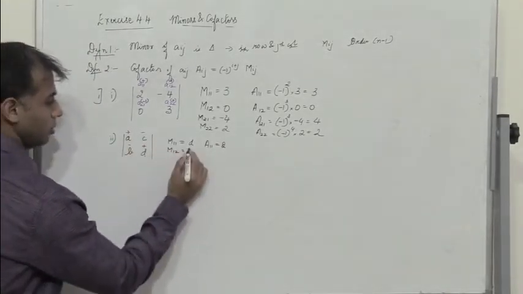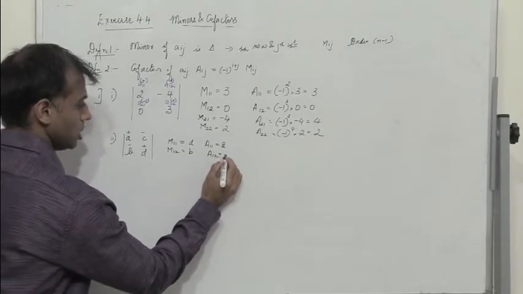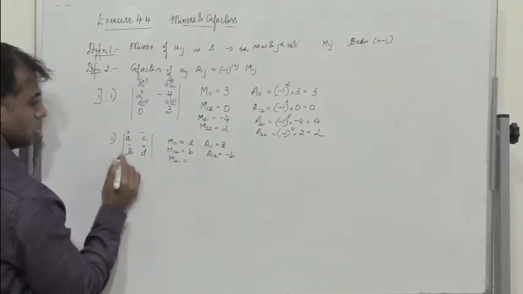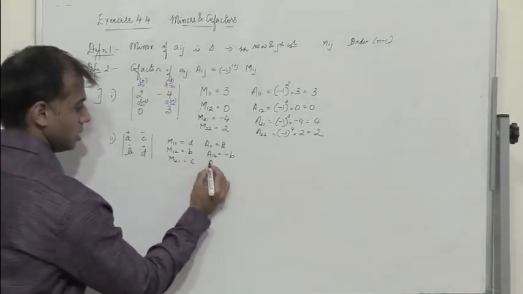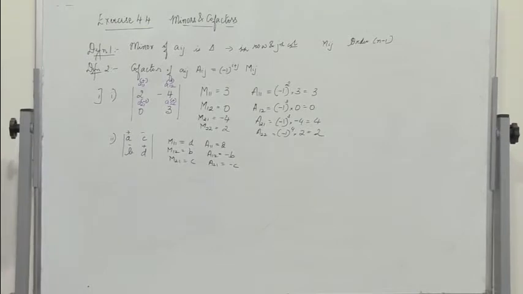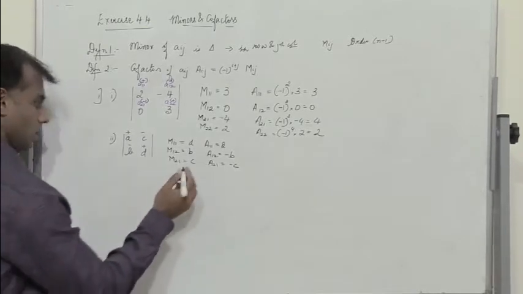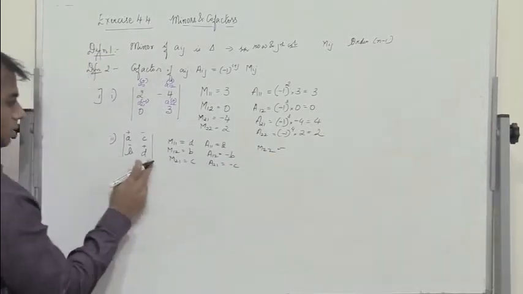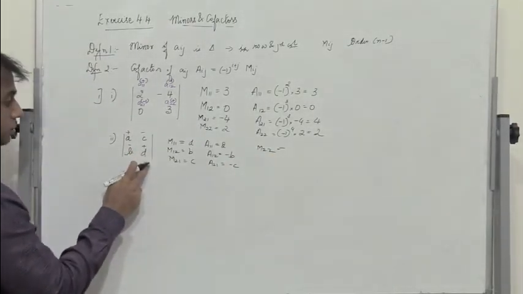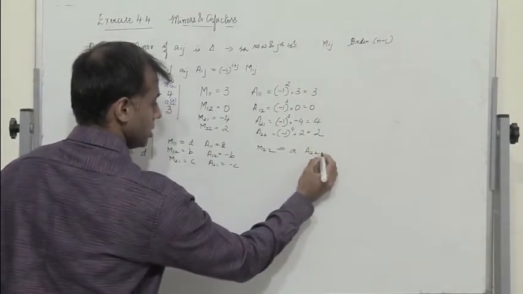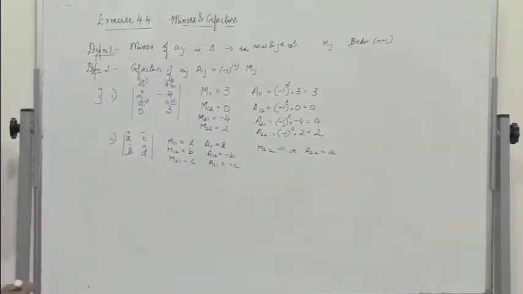First row, second column is B, so A12 is minus B, and then M21, the second row, first column is C, so A21 is minus C because there is a sign change, and then M22 is the second row and the second column, deleting, we get A, so A22 is A itself because there is no change of sign.